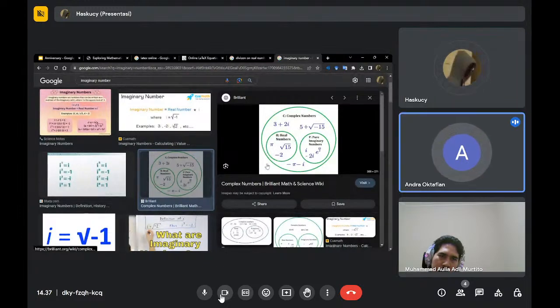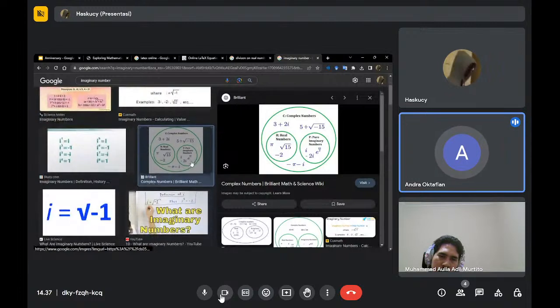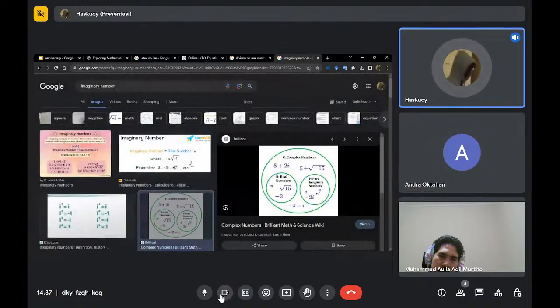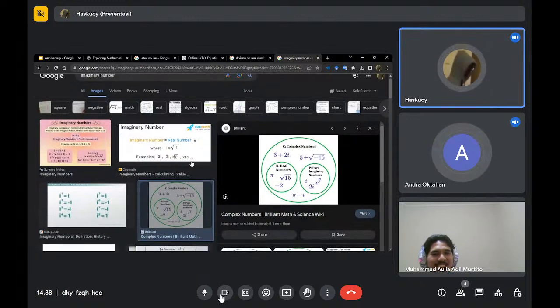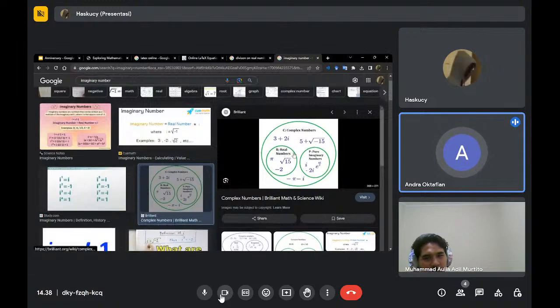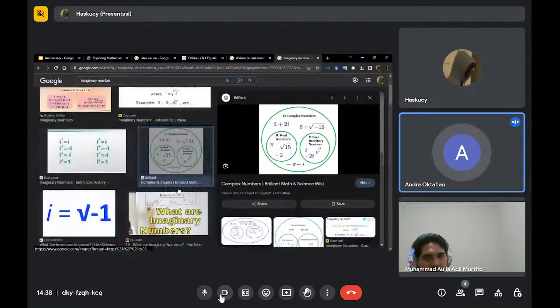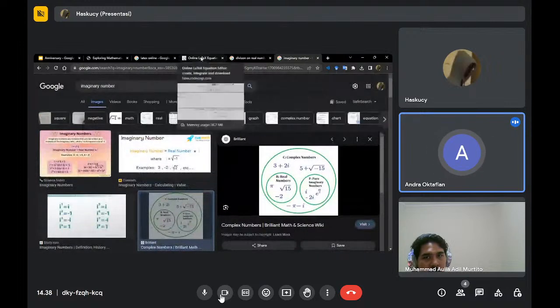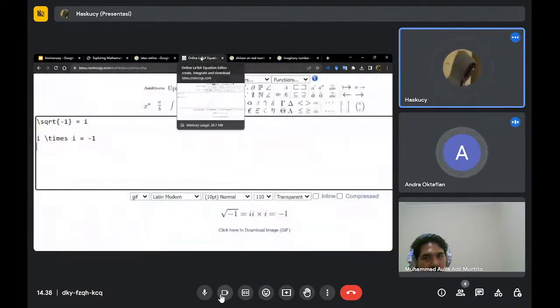So imaginary numbers means it's not real. Basically it just means it's not real, fake. Instead of solving the equations, we'd rather put some variables to real numbers to fulfill the comfortability.